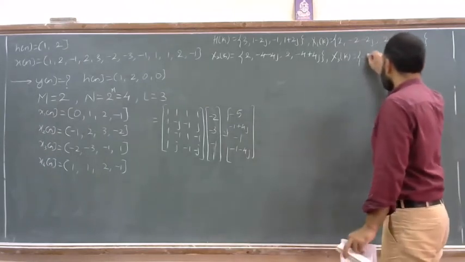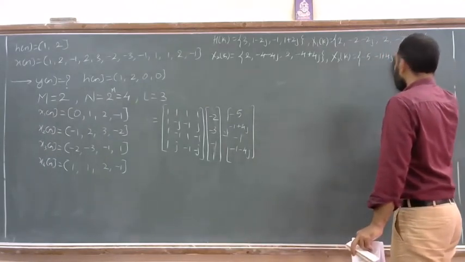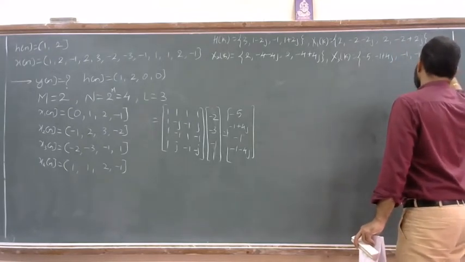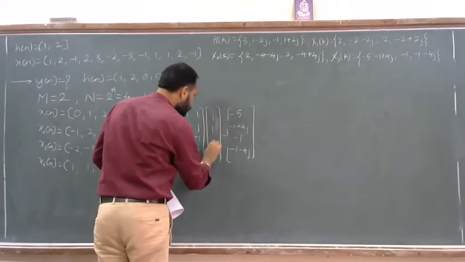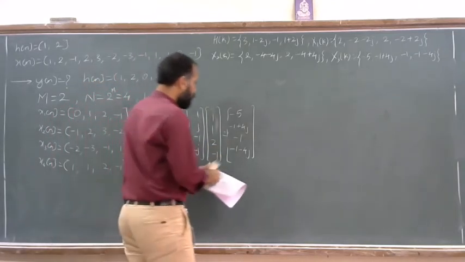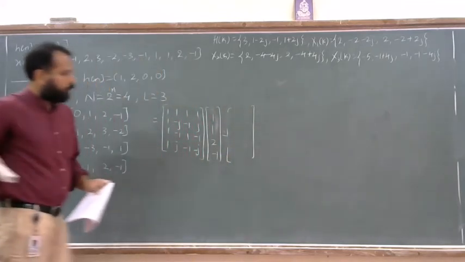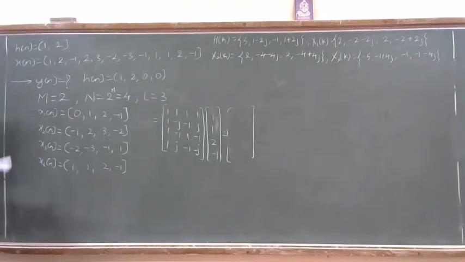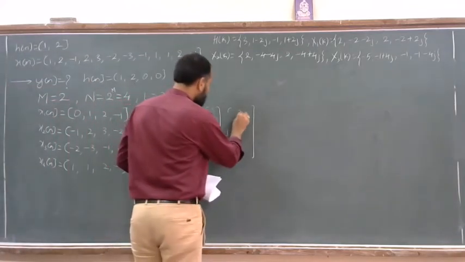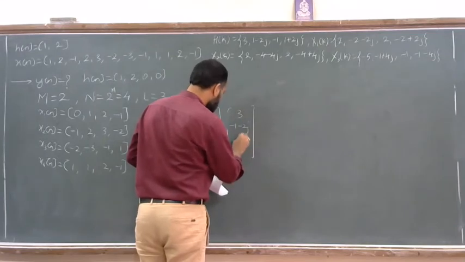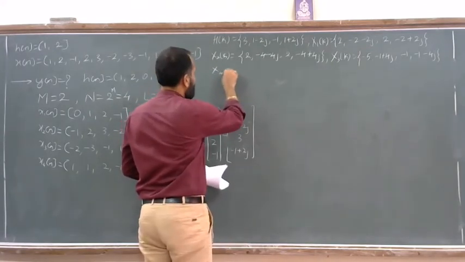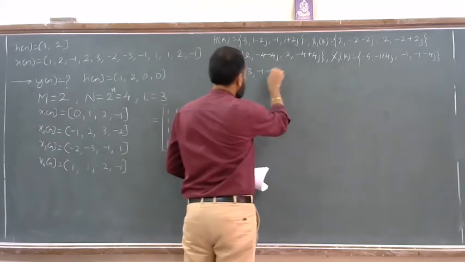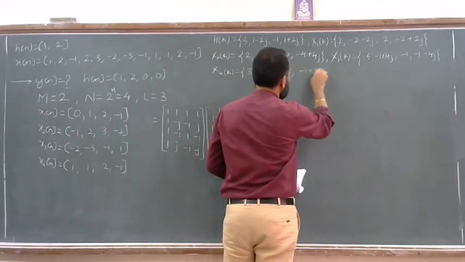And likewise, for the last block of data, 1, 1, 2, minus 1, the 4-point DFT of the last data segment, x4 of k, will be 3, minus 1 minus 2j, 3, minus 1 plus 2j. Okay.